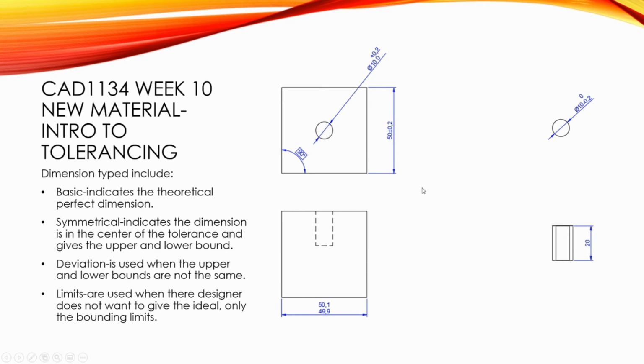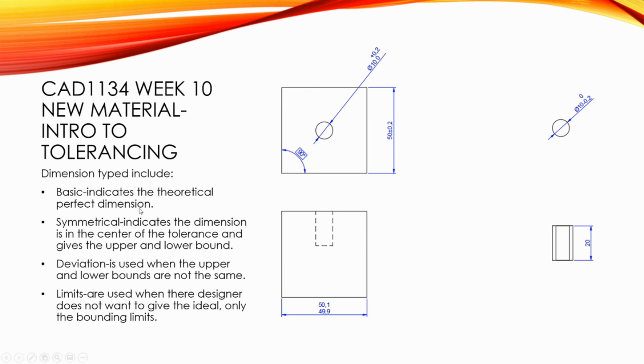Back to our next slide here, where we're looking at the tolerancing. Each of these tolerances has its place and its purpose. Some of them are liked, some of them are loved, some of them are hated by people in the shop. It really depends on their state of mind in manufacturing and what it means.